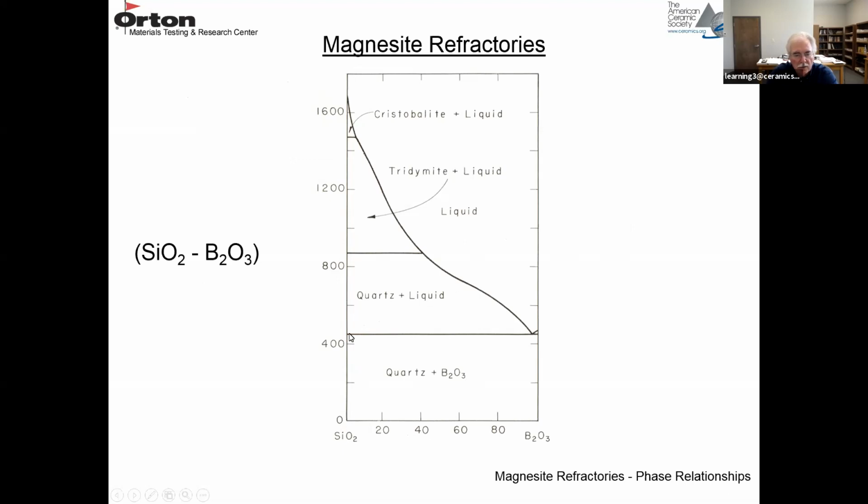You have quartz in liquid, liquid starting to form above 400 degrees C. Then you have tridymite in liquid above 800 degrees C. And then finally, you end up with cristobalite in liquid. But in all cases, you're forming a liquid at a very low temperature. So it's important to have an MgO material with a low boron content.